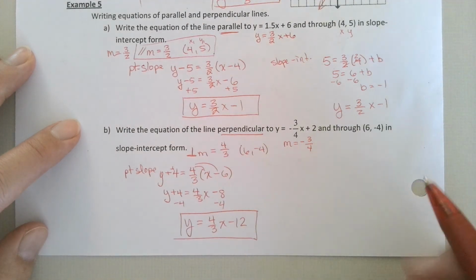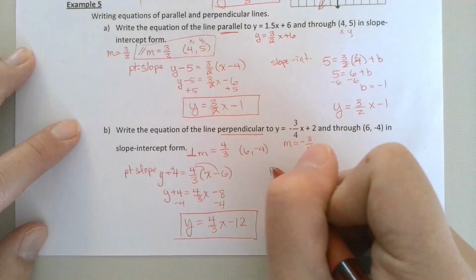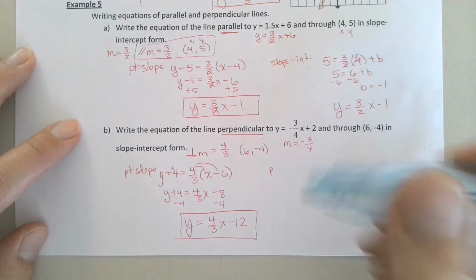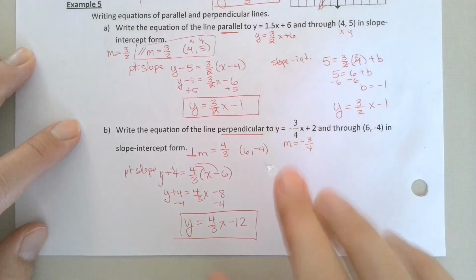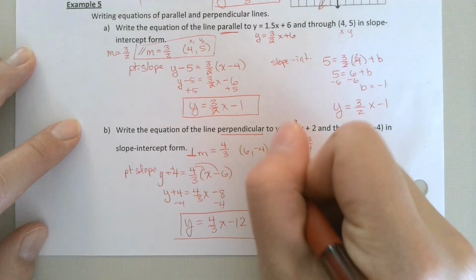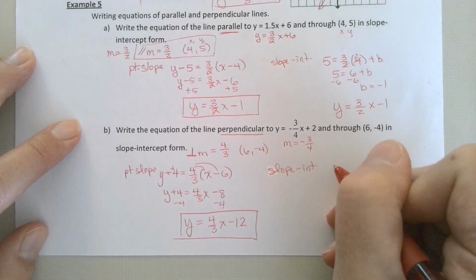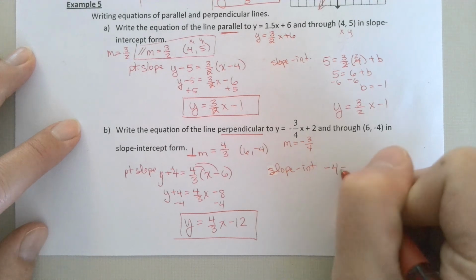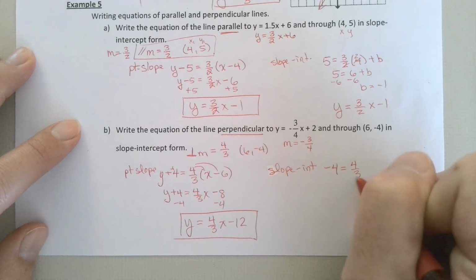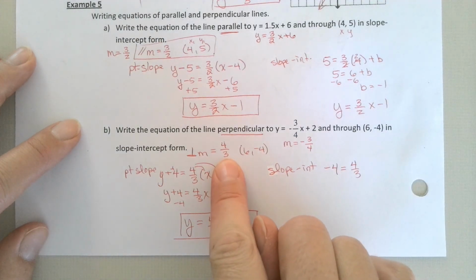All right, in your other one, which is going to be slope-intercept, we're done. I'm just showing you both ways of doing it. So here is slope-intercept. It would be y is -4 equals the slope. And remember, we want to be using our perpendicular slope, not our parallel slope.